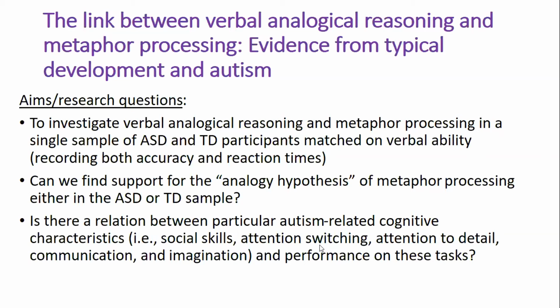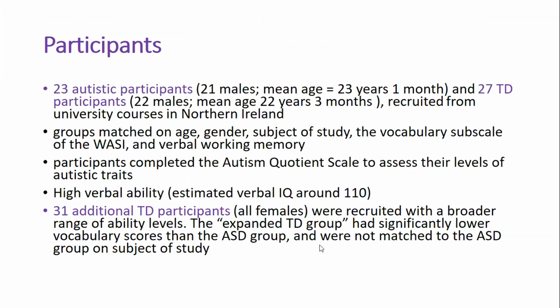And they also have impairments in their communication skills, and are usually characterized by restricted interests and restricted imagination. So whether any of these characteristics would be related to their performance on either the analogical reasoning or the metaphor processing task.